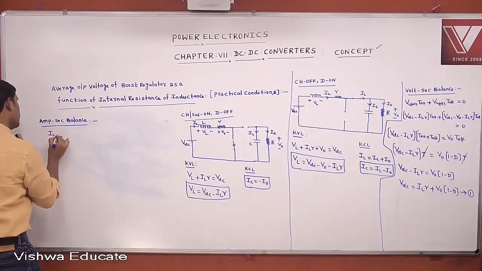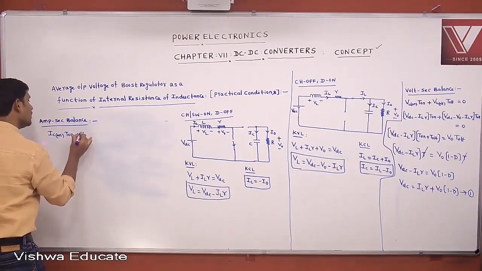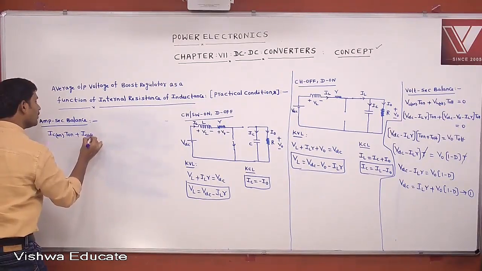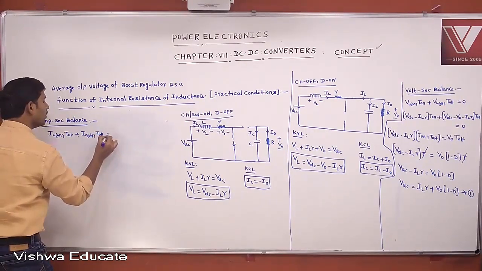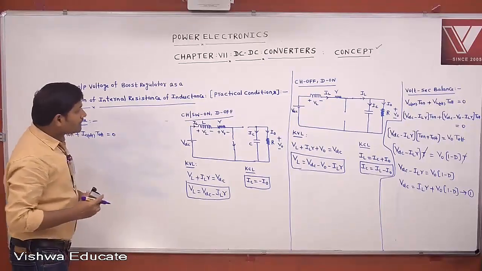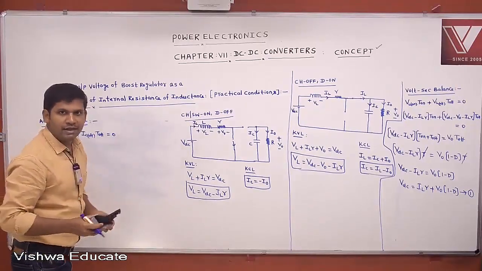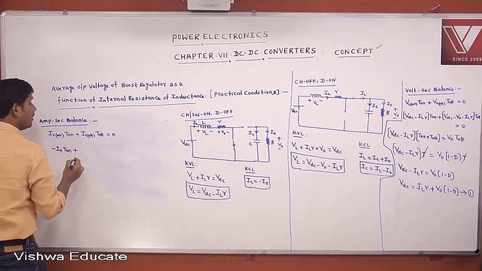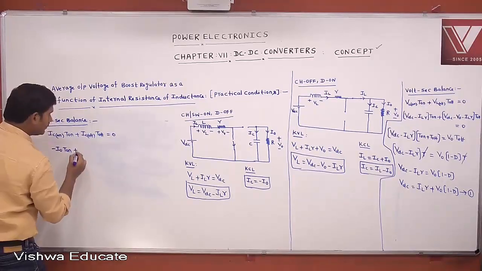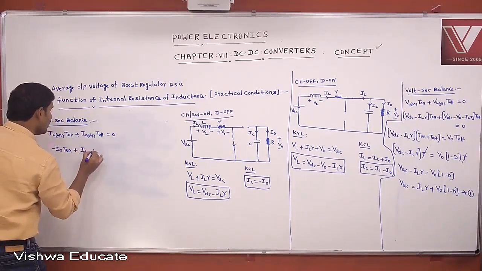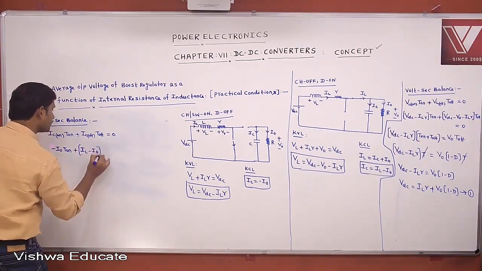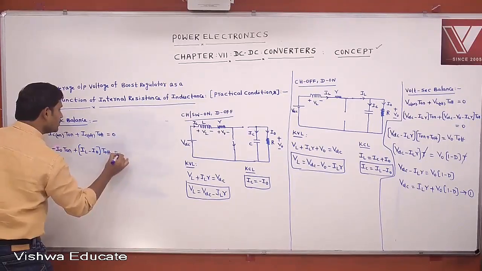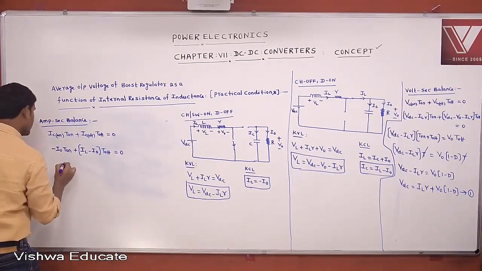IC on into T on plus IC off into T off is equal to 0. What is the current in on state? Minus I naught. That is minus I naught into T on plus what is off state current? IL minus I naught into T off is equal to 0.